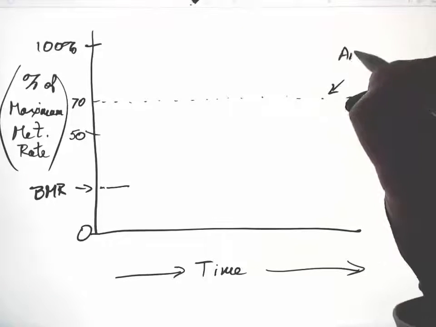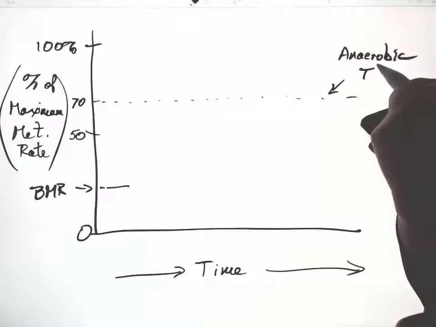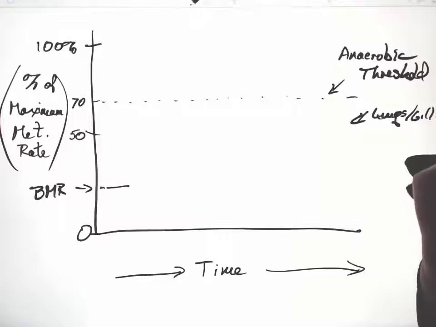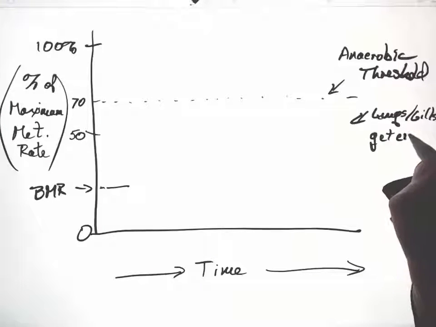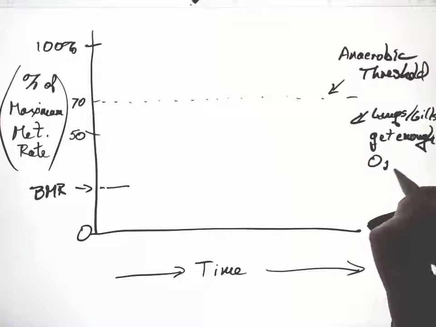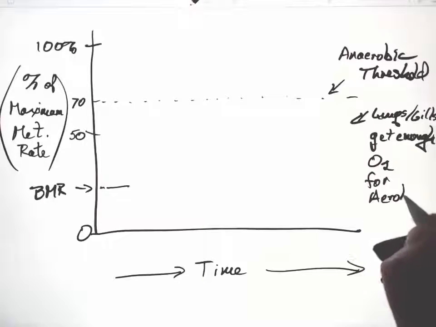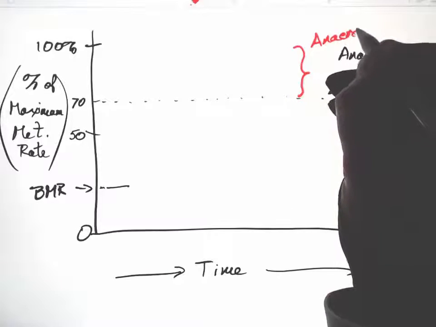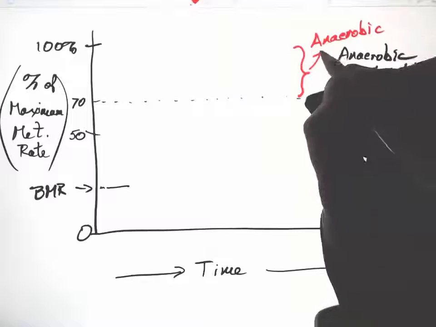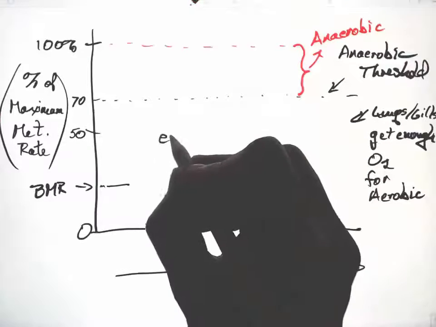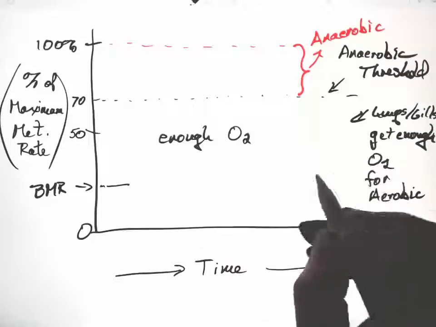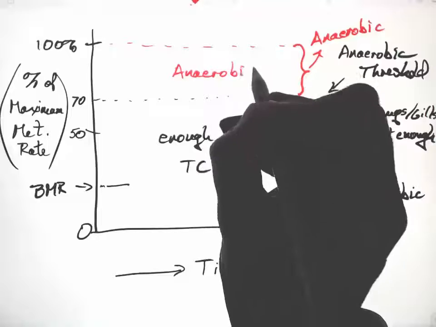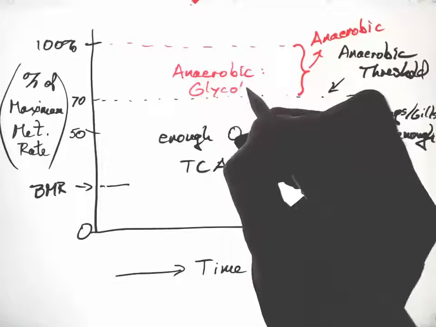So what's called the anaerobic threshold. Below that threshold, the lungs, gills, etc., get enough oxygen for aerobic respiration. But above it, animals must switch to anaerobic respiration. Below the threshold, there's enough oxygen for the TCA cycle, and above it, animals must rely on glycolysis.